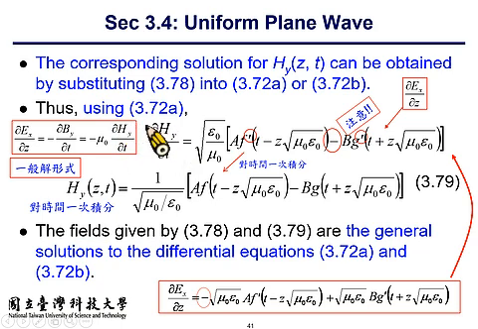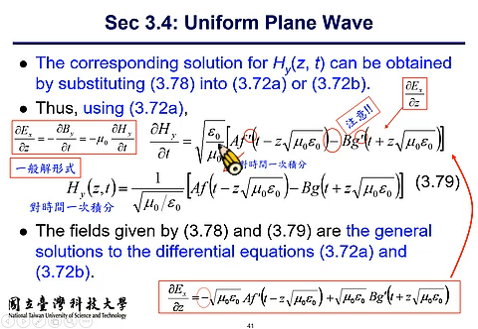So Hy, the spatial derivative of Ex over z equals the minus of mu sub 0 times the time derivative of Hy. So we do the spatial derivative of Ex, which is AF plus BG. So it becomes AF prime plus BG prime.